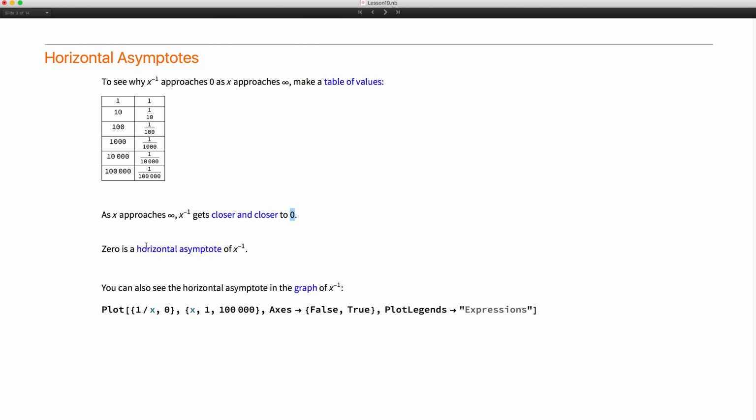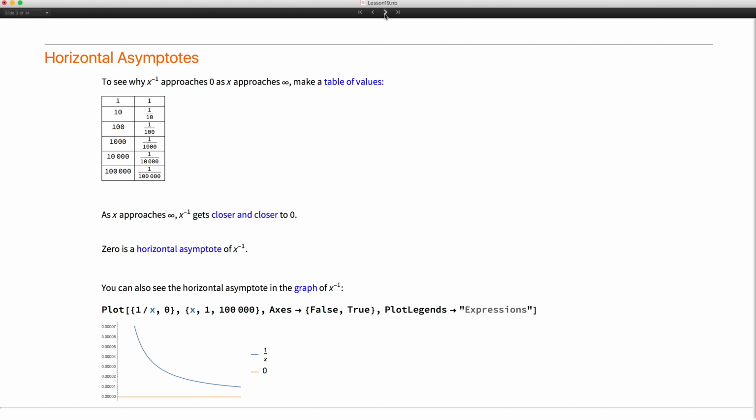And hence, 0 is a horizontal asymptote of 1 over x. And you can actually check that in a plot. Here you have the graph of 1 over x, and that's the horizontal asymptote. It's just a horizontal line to which the plot approaches as x approaches infinity.